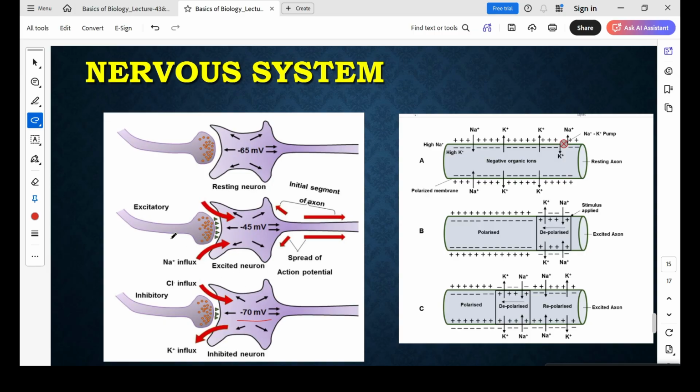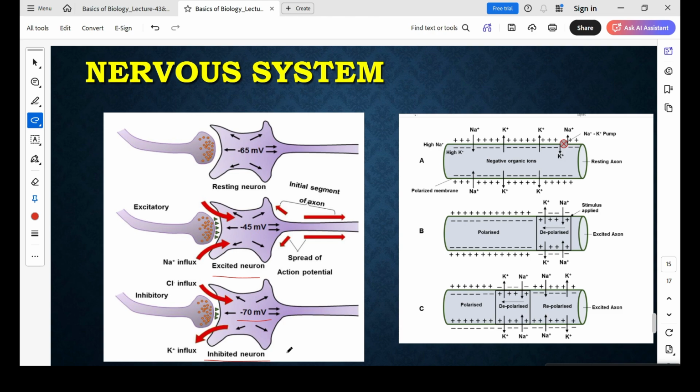So if the signal is excitatory, it will result in an excited neuron, whereas if the signal is inhibitory, it will result in an inhibited neuron. Now this signal depends on what kind of neurotransmitters are present inside the previous neuron.